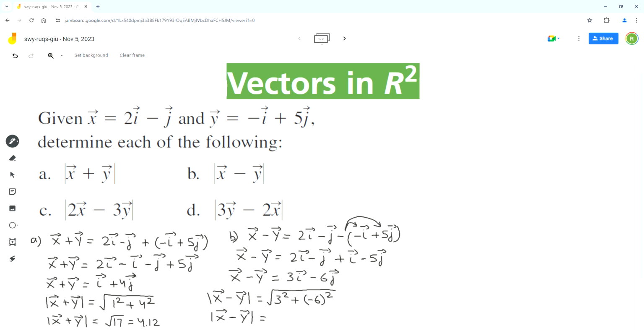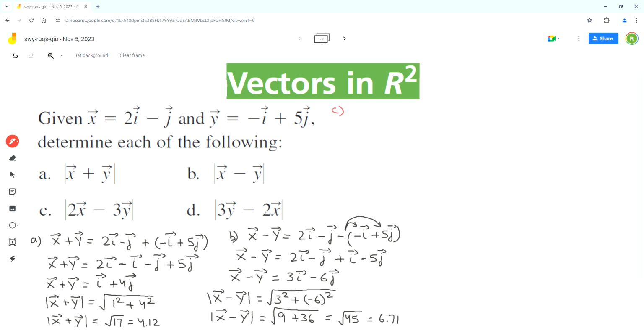So 3 squared is 9 and negative 6 squared is positive 36, which add to square root of 45, which is equal to 6.71. So this should be the final answer for part B. Now we can analyze part C.